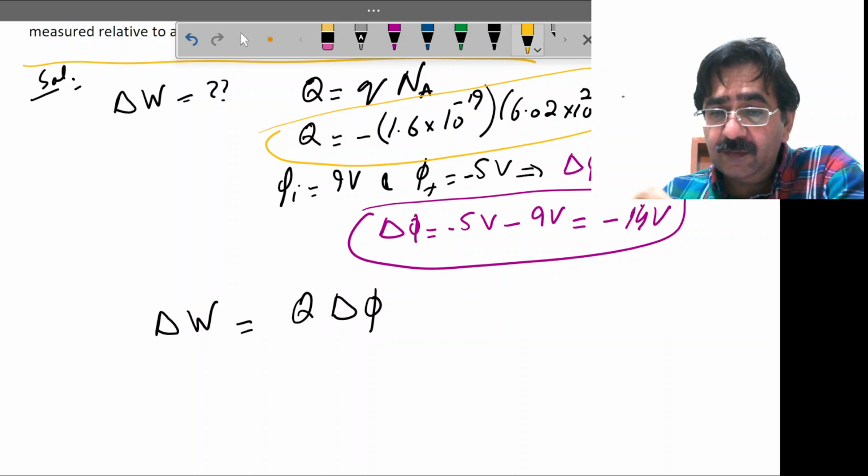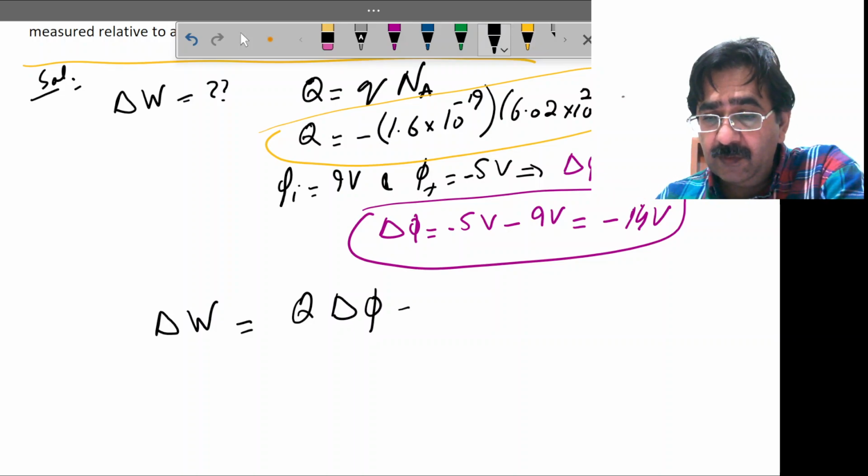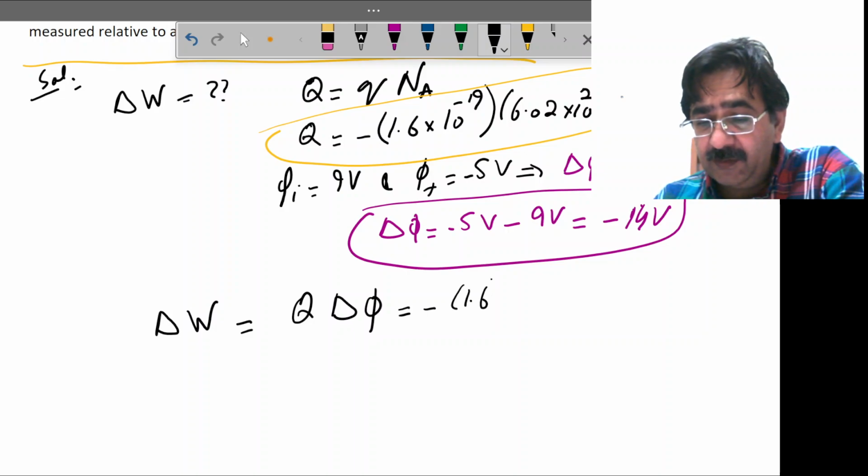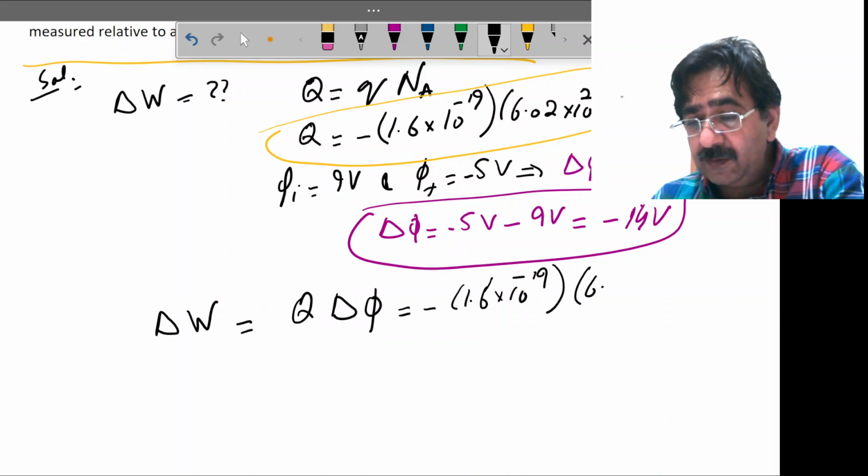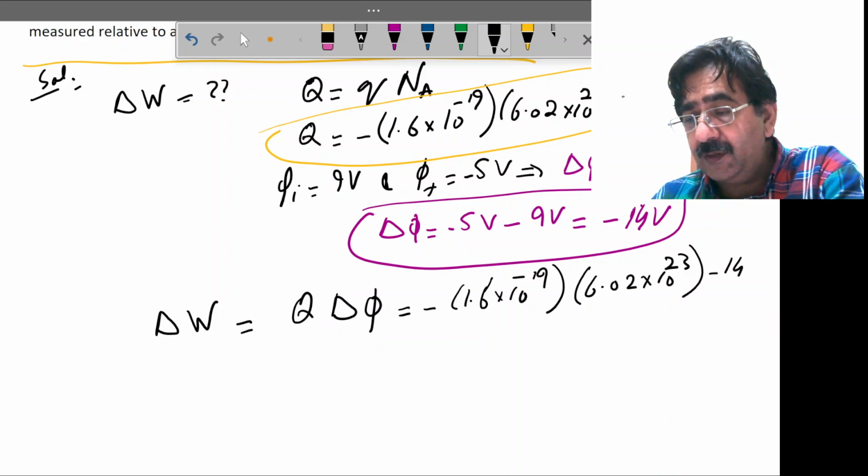So this will be equal to minus 1.6 times 10 raised to power minus 19, times 6.02 times 10 raised to power 23, times minus 14.